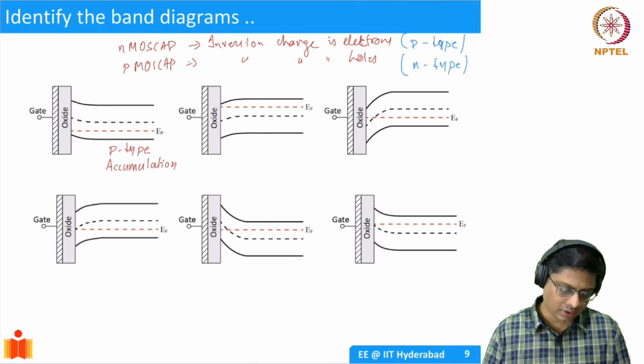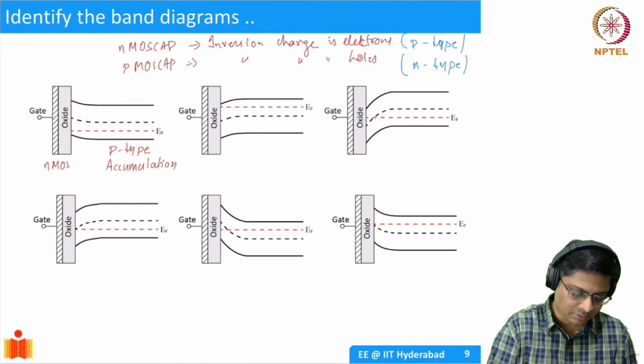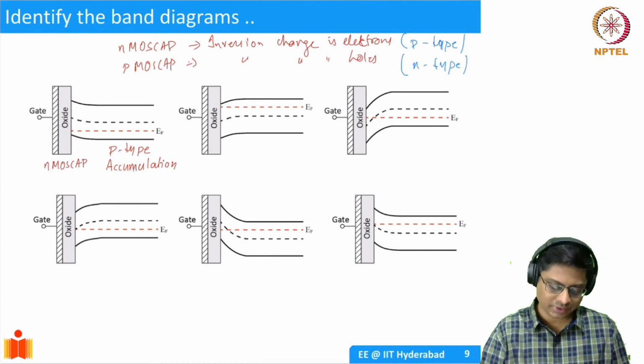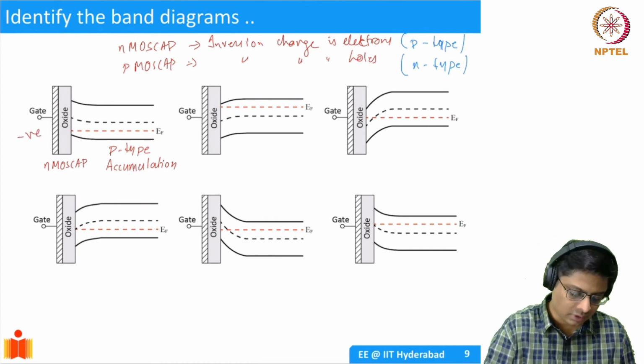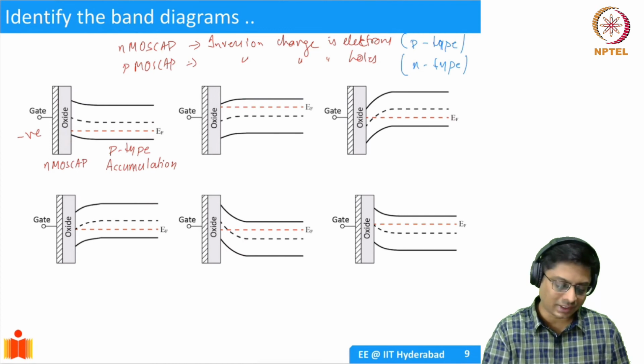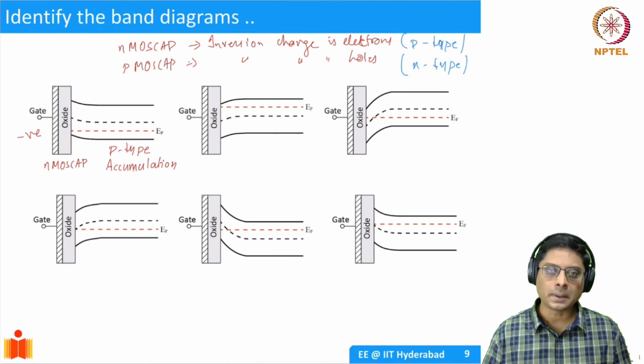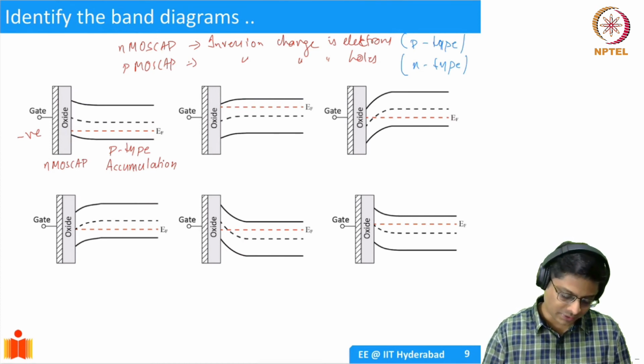So this is a p-type semiconductor and it's in accumulation. So this is obviously an NMOS device, MOSCAP. The voltage in this case is negative, and that's why you're having more holes at the interface in the accumulation regime.